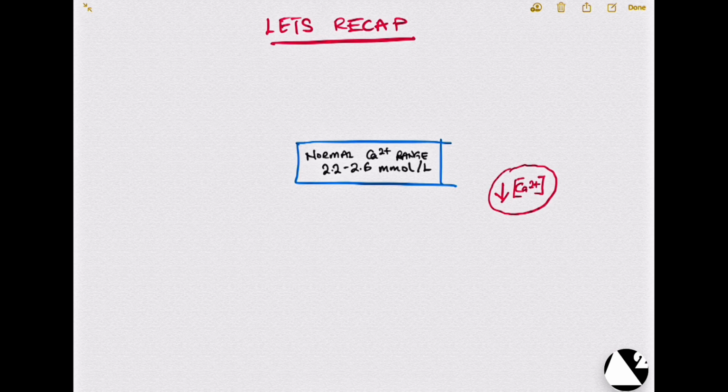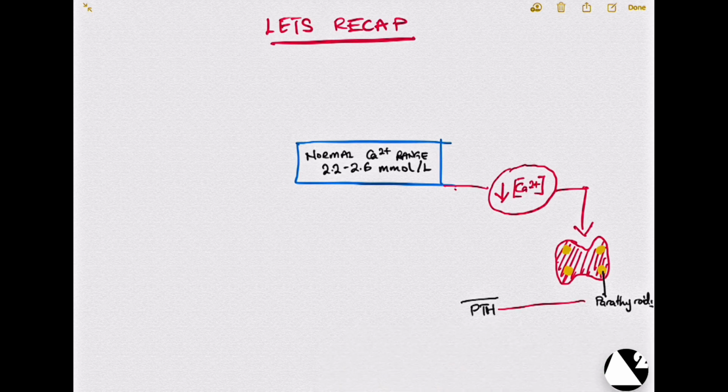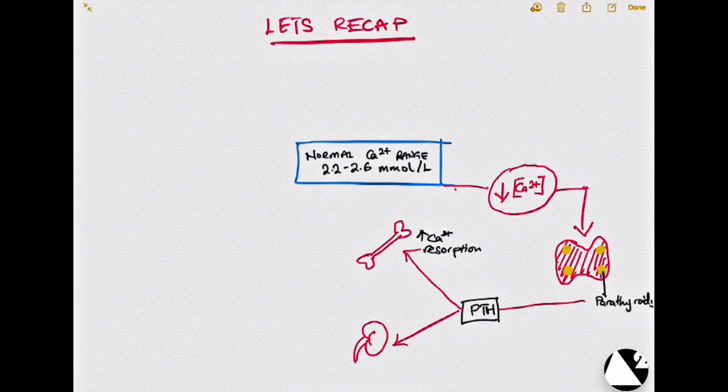During hypocalcemia, the parathyroid gland secretes parathyroid hormone. The parathyroid hormone causes quick uptake of calcium from bone fluid into the blood, or into plasma, and bone resorption. The parathyroid hormone also causes the excretion of phosphate ions through urine and retention of calcium ions in blood.